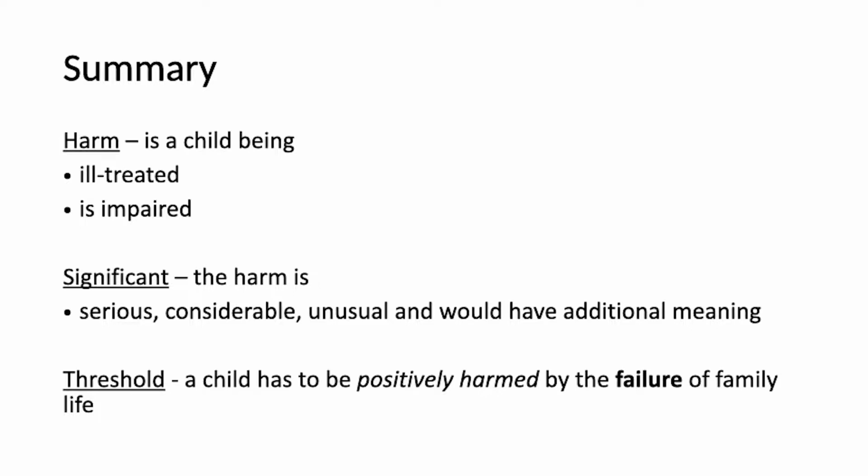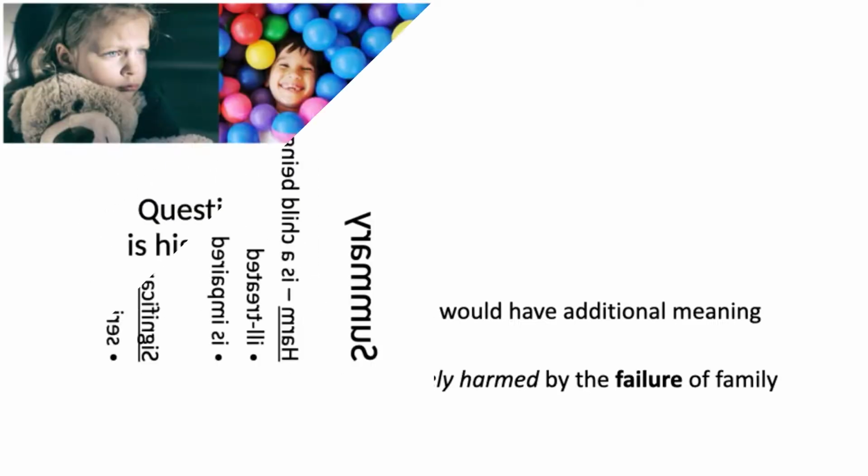When we consider all of these, we recognise that the significant harm threshold is set very high. It's not just normal parental failure. This is reinforced in other case law that indicates for that threshold to be met, a child has to be positively harmed by the failure of family life or exploited by others outside the family.